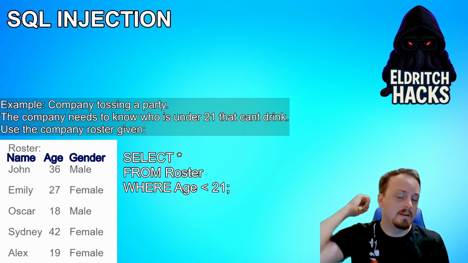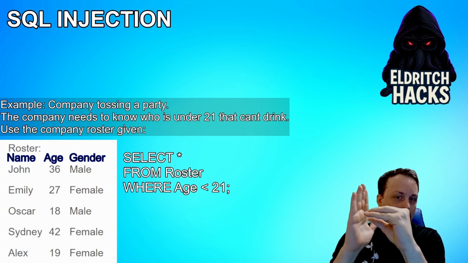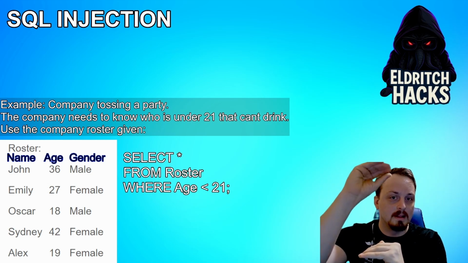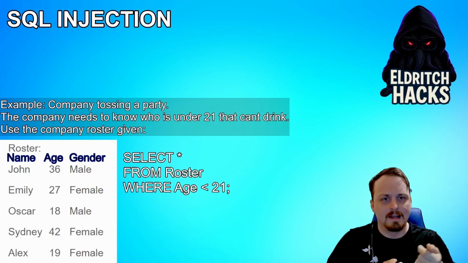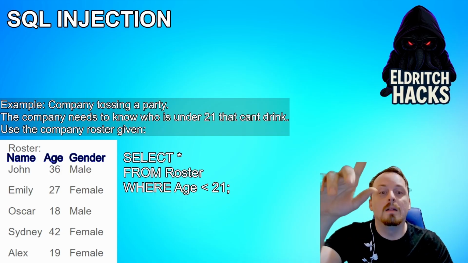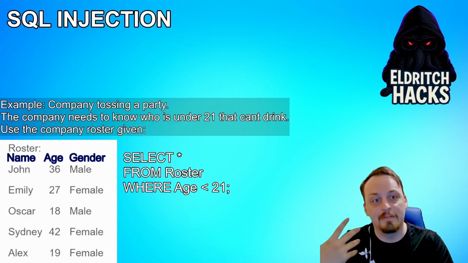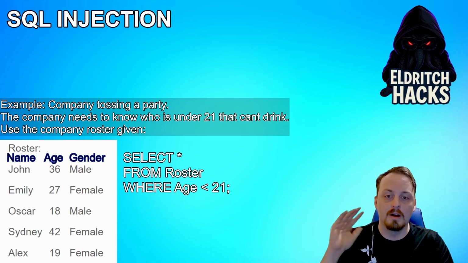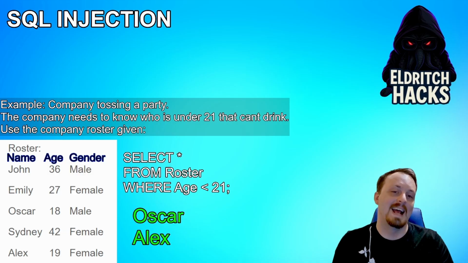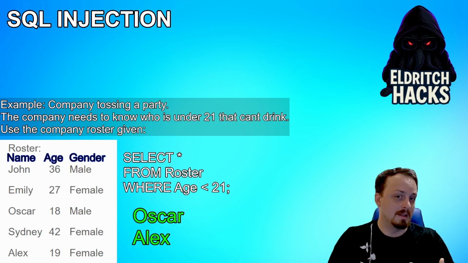So now that it has been told, hey, out of our entire database, look for the roster and look for anybody with that age value that is less than that. It makes getting it really quick. Compared to somebody having to open a file and scroll and scroll and scroll and find it, you can use SQL code to quickly find the value that you're looking for. And quickly we will find out that it is able to get the examples of, boom, Oscar and Alex. So, a really awesome example of showing SQL language out there.